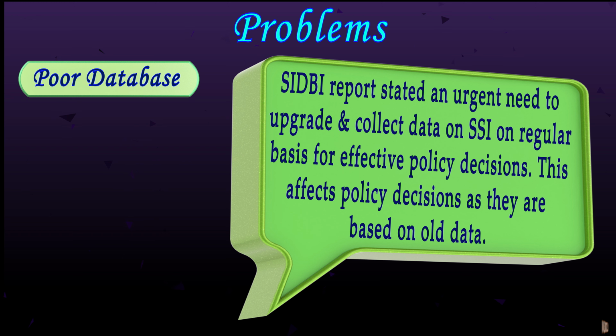This will lead to poor policy decisions and will affect the growth of the industries. The Small Industrial Development Bank of India or SIDBI has reported that there is an urgent need to upgrade and collect the data on small scale industries on a regular basis so that effective and timely policy decisions can be taken. So these were a few problems which the industrial sector is facing and this has also affected the growth rate.